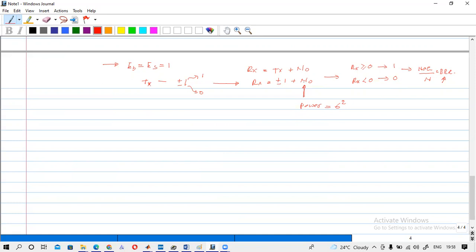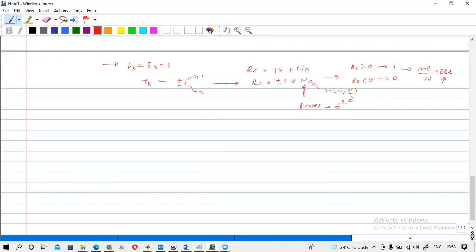You know that n is a normal Gaussian variable with 0 mean and variance sigma square, and this variance is related to the power. So we are changing the sigma and we get some bit error rate value.